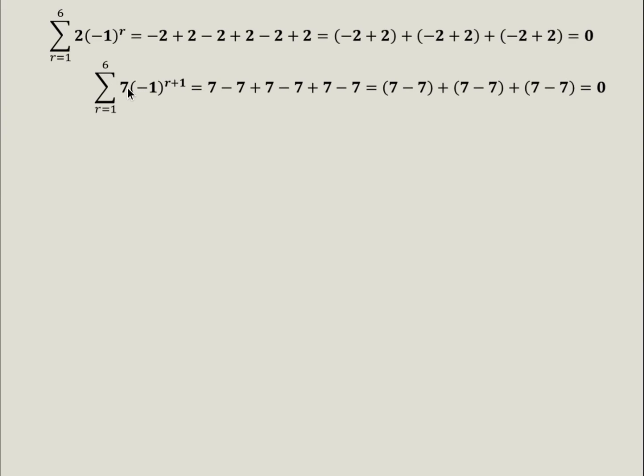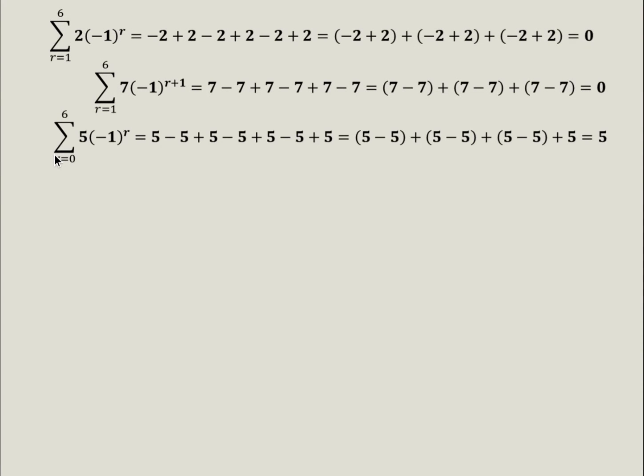Negative 1 times 7 gives negative 7, and so the second term is negative 7. So the terms will alternate again between positive and negative, and since there are 6 terms, we have 3 pairs of consecutive terms: 7 minus 7 plus 7 minus 7 plus 7 minus 7, which gives again 0.